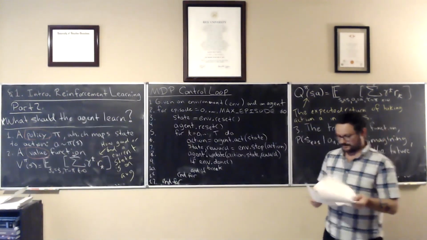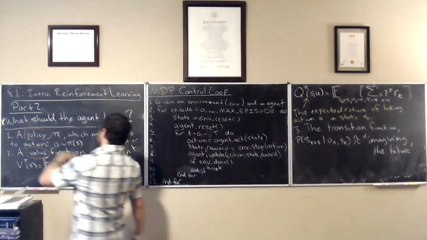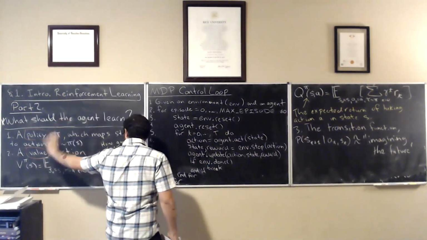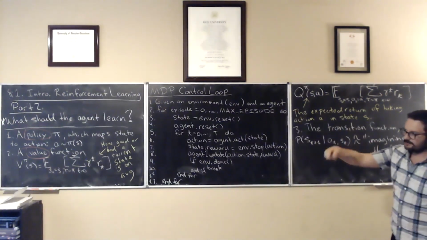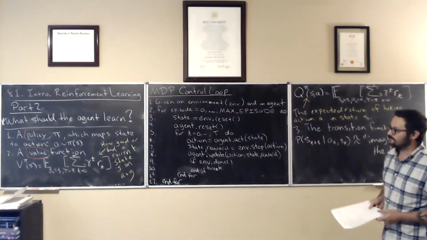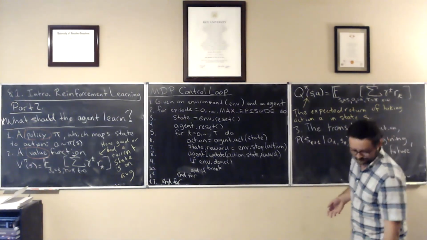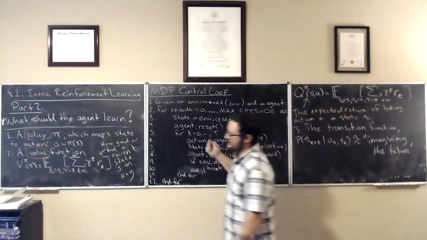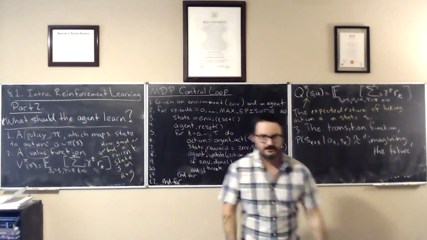So with that being said, just know that if your agent is learning the policy, these are policy-based methods. If your agent is learning the value, these are value-based methods. And you can mix and match value and policy-based methods with transition function methods and do some really amazing things. Now, for our purposes, especially for my machine learning students, we're going to talk about a policy-based method called the policy gradient.